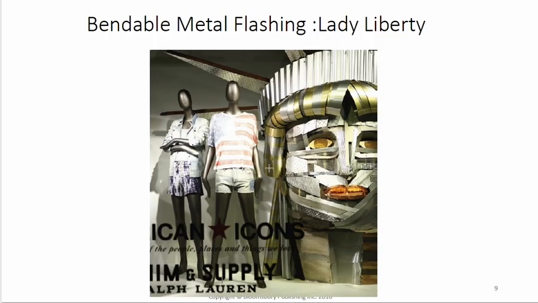And bendable metal, department stores use it, as you see these human face figures, the hair almost looks like a cord. That's also very easy to bend and curl, but it also requires certain facility or machine to make that look.